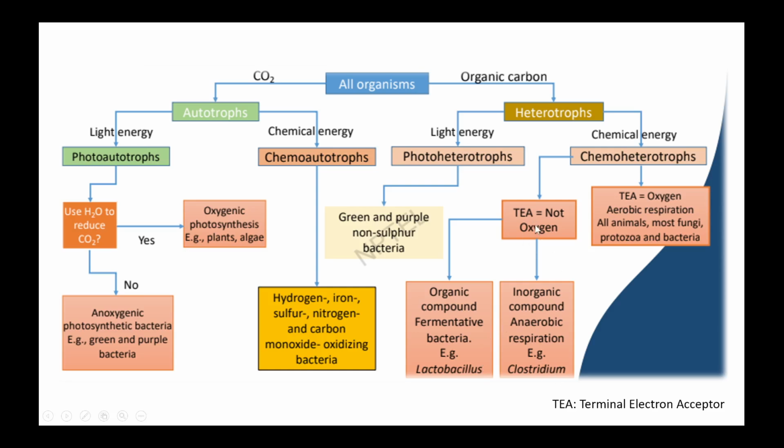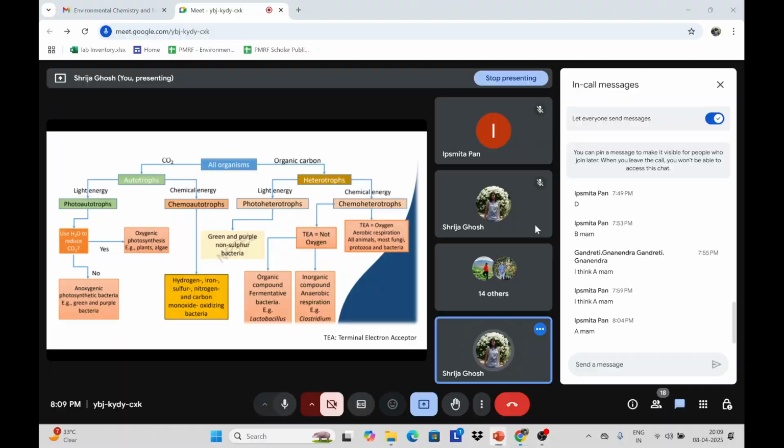So the terminal electron acceptor, if not oxygen, can be sulfur or iron. Whatever the terminal electron acceptor is, that kind of respiration will be there. If it is oxygen, it will be aerobic. If it is not oxygen, it will be anaerobic respiration. Okay, is that clear?